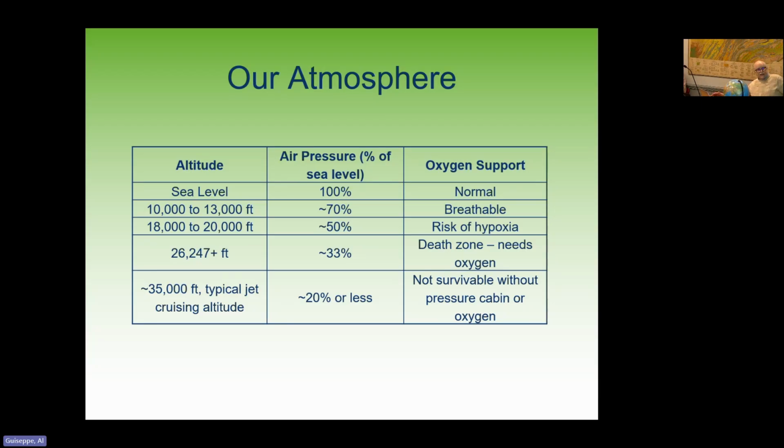At about 18,000 to 20,000 feet, you're at real risk of hypoxia, which is low oxygen. At about 26,000 feet, that's the death zone. Above that, you have to have air, climbing Mount Everest, you have to have air.